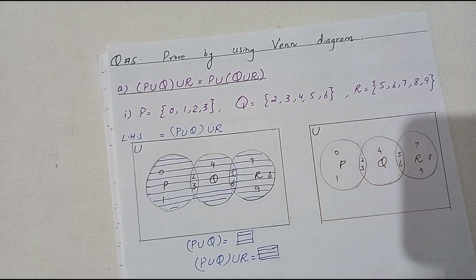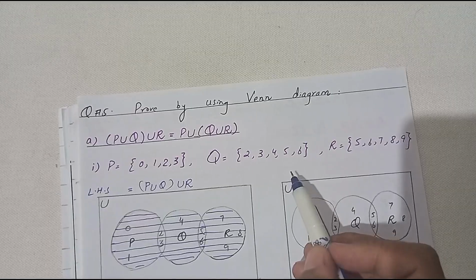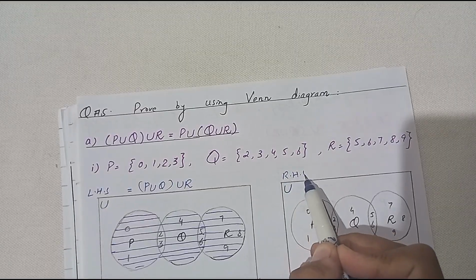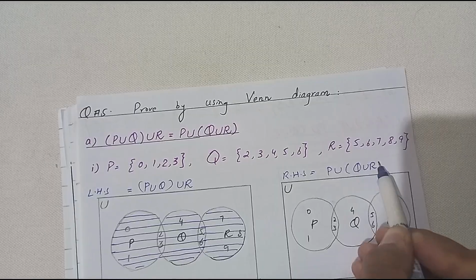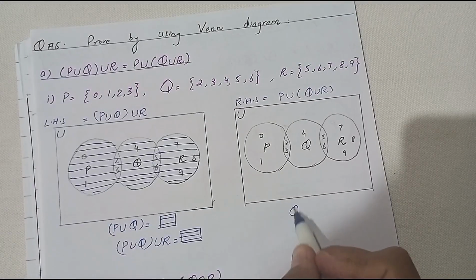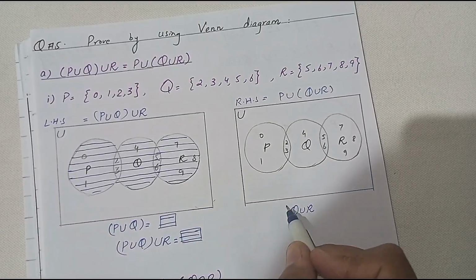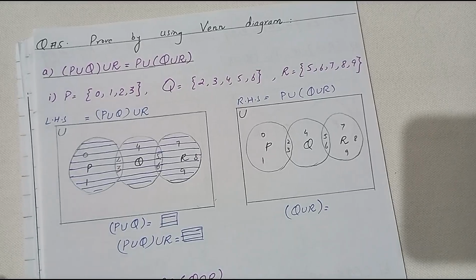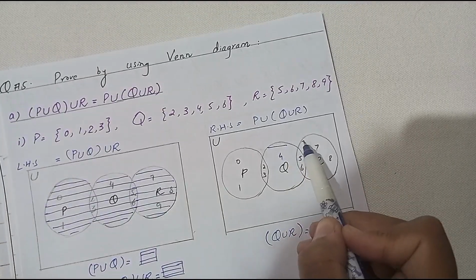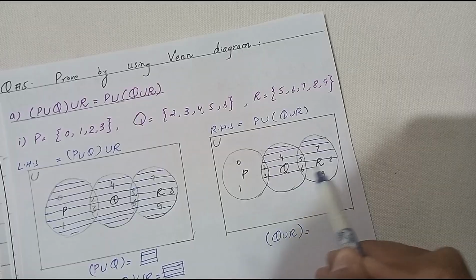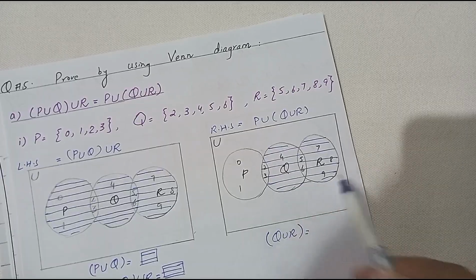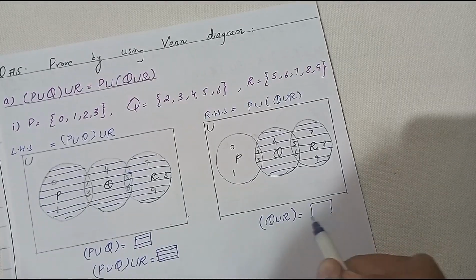Now we shade the right hand side, which equals P union Q union R. So first we shaded Q union R. It means all parts of Q and R we shaded with horizontal lines, and represent it with this.